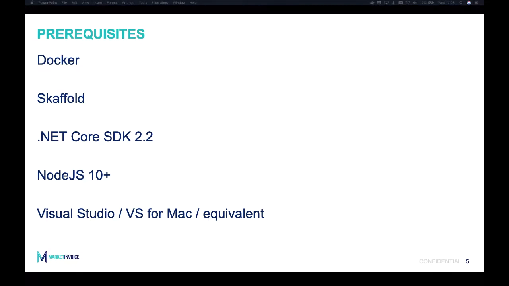And then finally, you'll need something like Visual Studio for Mac or an equivalent. And you'll probably want some sort of front-end editor. Personally, I use WebStorm. Plenty of people also use VS Code, something like that. So those are pretty much what you'll be needing to code along today.